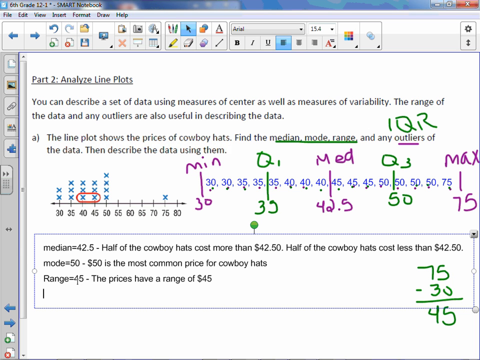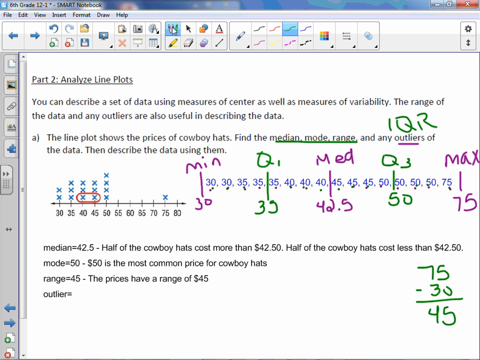The other thing we need to know are outliers. Well, in order to find our outliers, we have to first find our interquartile range. To find our interquartile range, we're going to subtract quartile 1 from quartile 3. So 50 minus 35 gives us an IQR of 15.